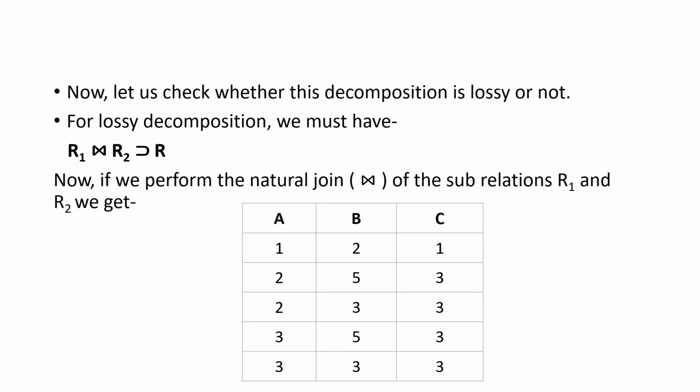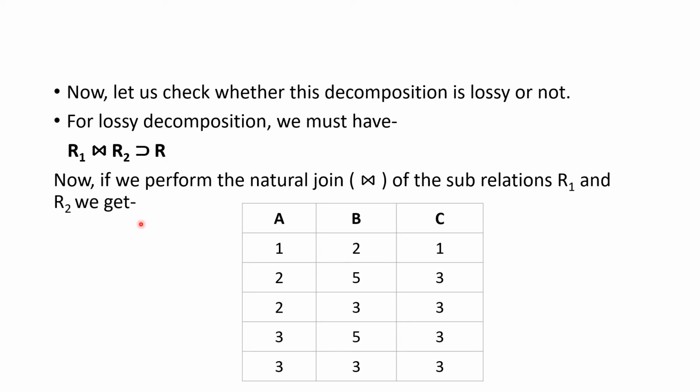Now let us check whether this decomposition is lossy or not. For lossy, the join result should be bigger than the original relation. So R will become a subset of this join result.